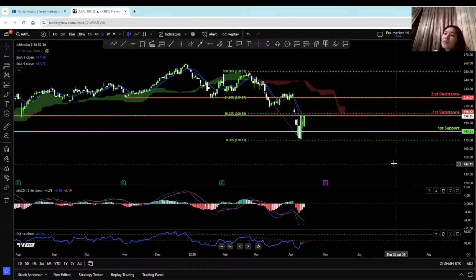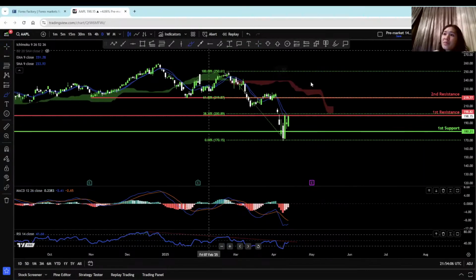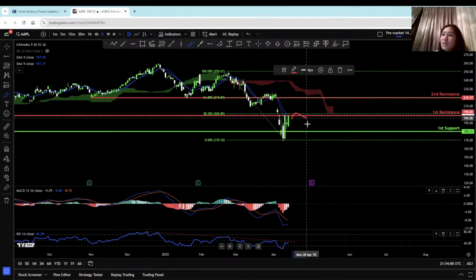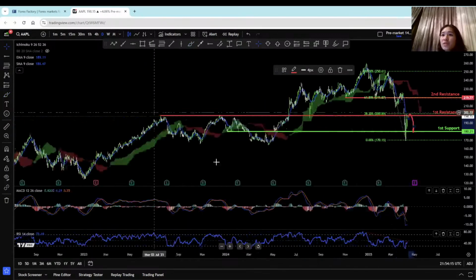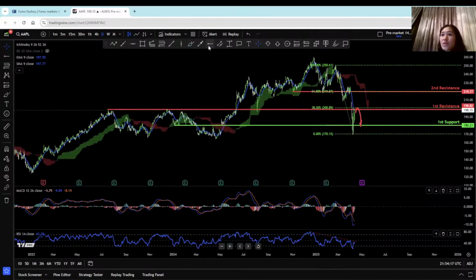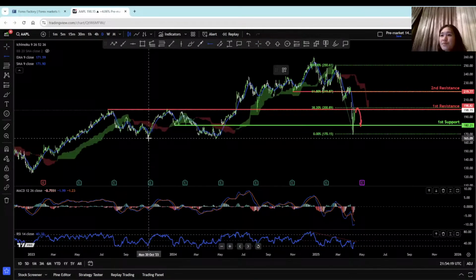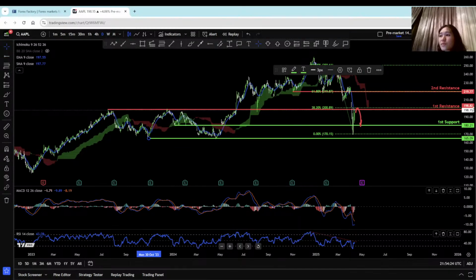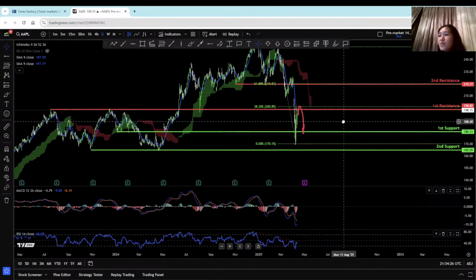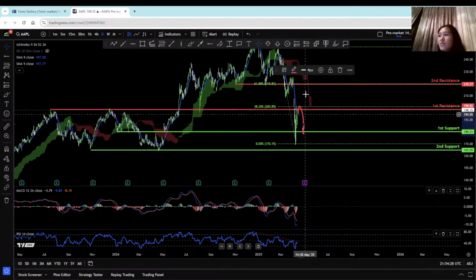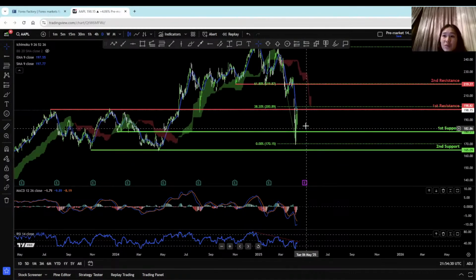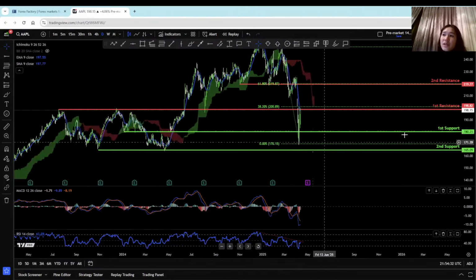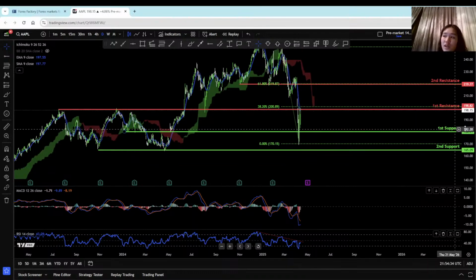Okay, so I'm expecting prices to maybe rebound off of our first resistance towards our first support. Let me also add a second support just at this swing low here. So you can wait for prices to break out of that first support before continuing with the sell, or you can place a partial profit here at your first support.